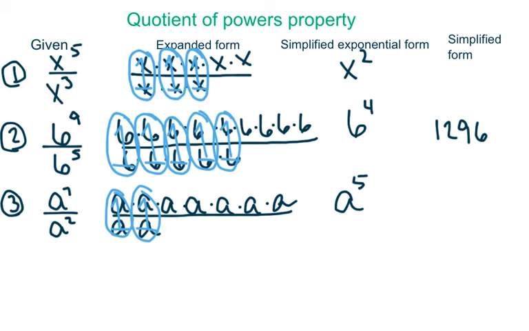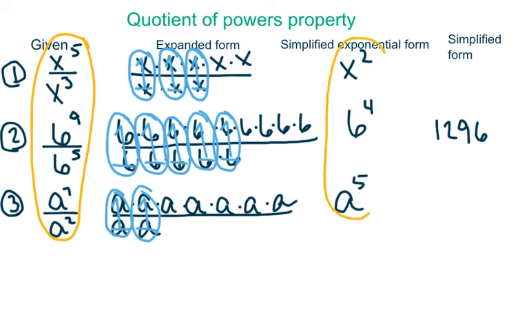So like we did in previous lessons, we are going to try to find the shortcut from the given to the simplified exponential form without having to go through the expanded form. So take a moment to think about that. The shortcut, if you don't have it yet, please pause so you can think more.